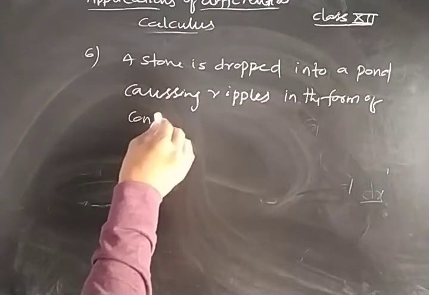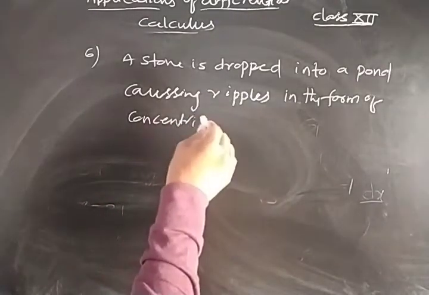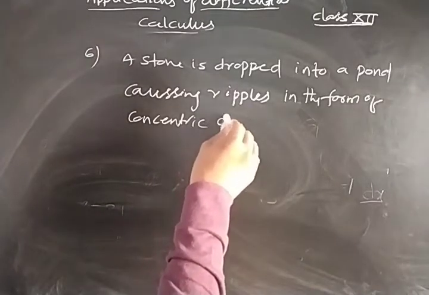circles. What are concentric circles? Two or more circles that have the same center are concentric circles.